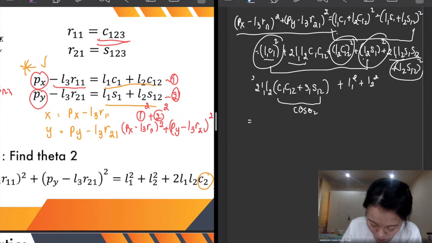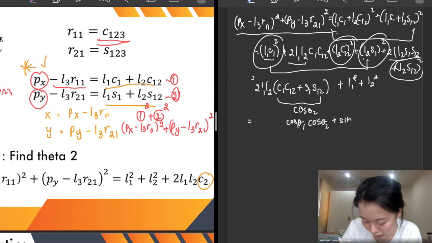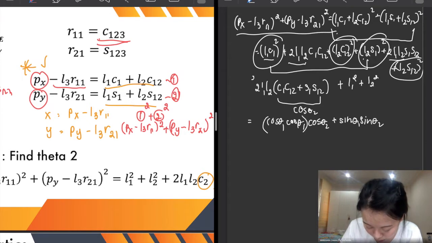From the trigonometry identity, cos(theta 1 minus theta 2) is equal to cos theta 1 cos theta 2 plus sin theta 1 sin theta 2, and I will get cos theta 1 squared.